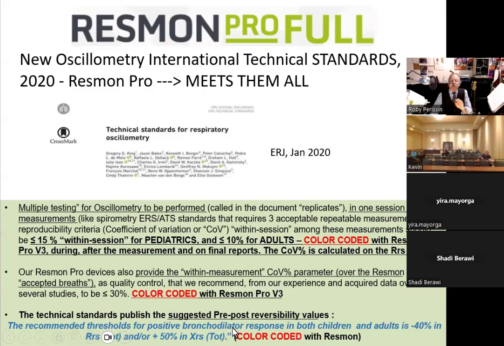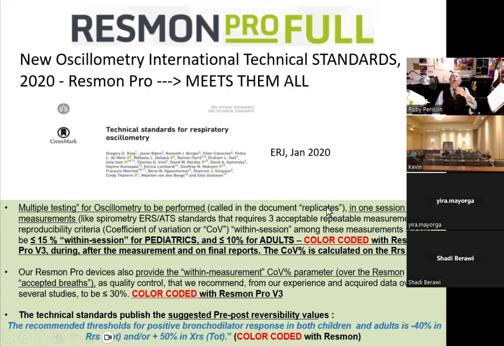Most important, there are published standards for reversibility values. For spirometry, you use 15% of FEV1; here you can use an approved 40% change in resistance and/or 50% change in reactance, because a patient who comes in with both central and peripheral airways issues can be bronchoreversed in resistance and/or reactance.